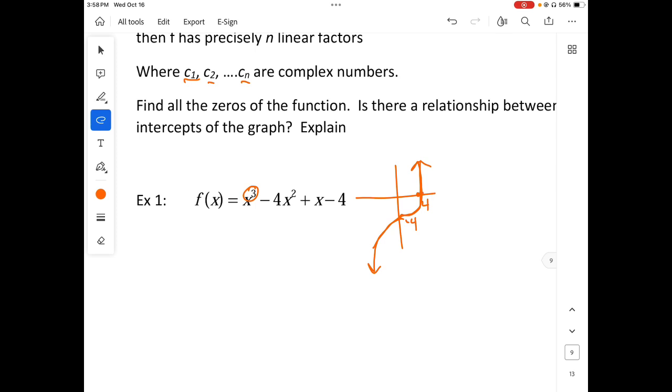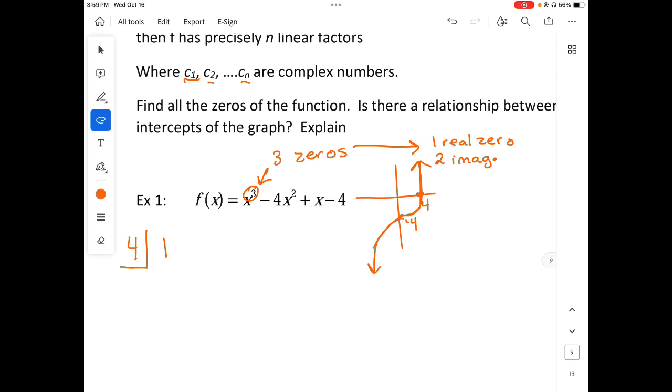Since we know that we have a zero at 4, we're going to do synthetic division, so we can make it easier to find all the other zeros. We only have one real zero, and we are going to have 3 total zeros, so that means we're going to have 2 imaginary. The reason is because this is degree 3, so 3 zeros. One real, that's the one that we saw, and so we have to have 2 imaginary.